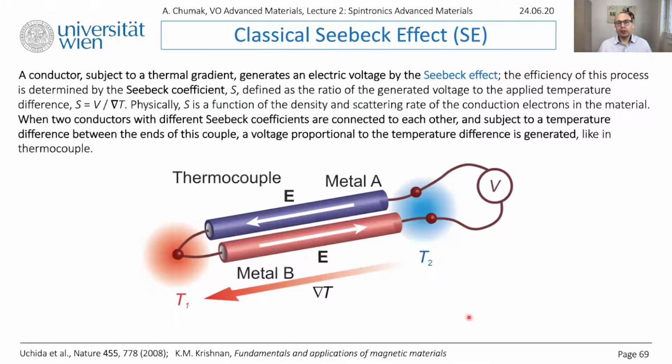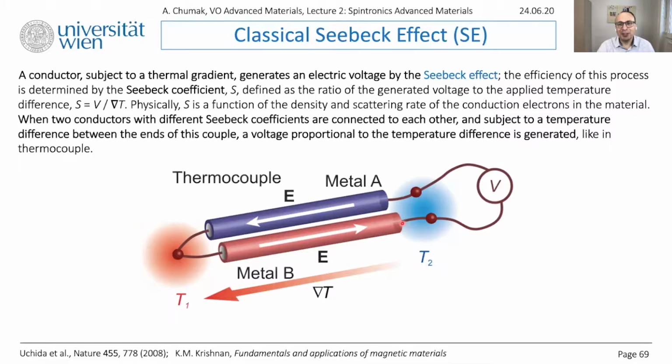Before we go to this fancy, interesting phenomenon, let me say a few words about the classical Seebeck effect. As you all know, when we have a conductor and place it in a thermal gradient, a voltage will be generated, so there will be a difference in potential between these two points of the conductor.